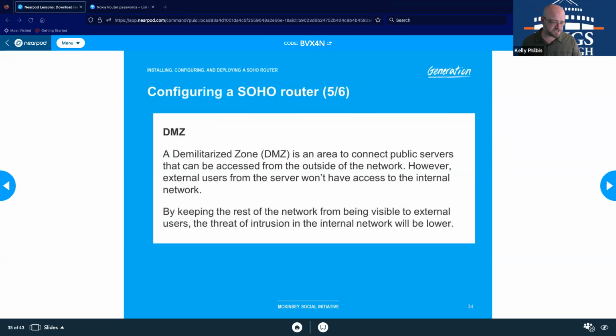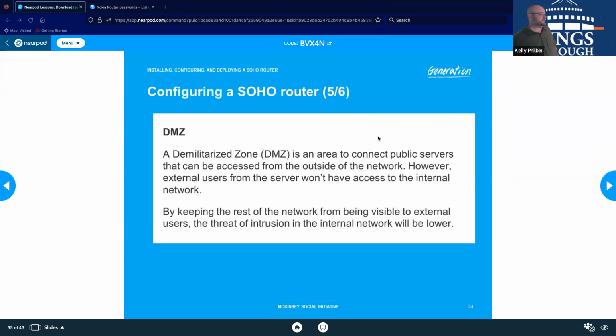I can't remember what they've changed the name of DMZ. It's no longer called this. Screened subnet, is that what they call it? Thank you. Yes, I saw that in the book. Problem comes in, we've been calling this stuff the same thing for years.